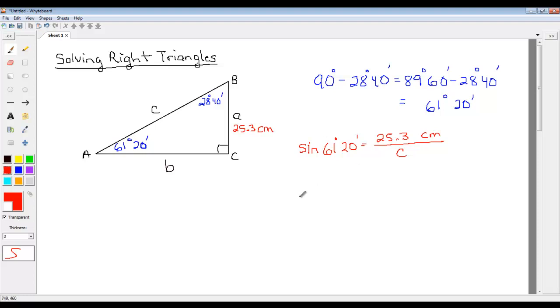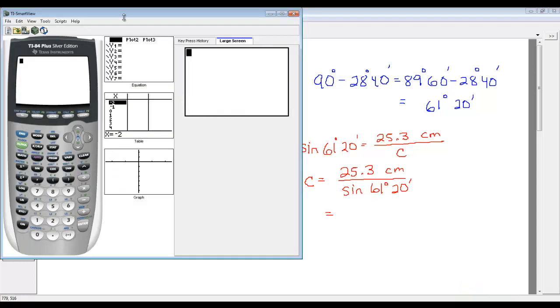Multiply both sides by C, then divide both sides by the sine. Whatever that comes out to in the calculator will give us the length of the hypotenuse. Let me pull up my calculator. 25.3 divided by sine of 61.